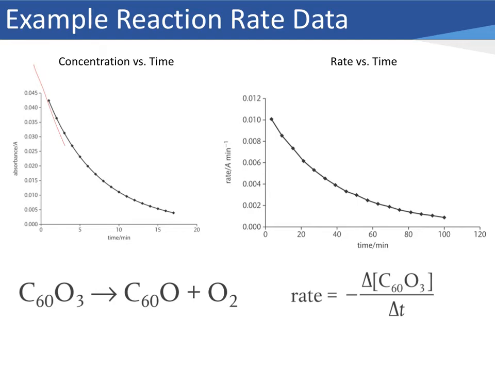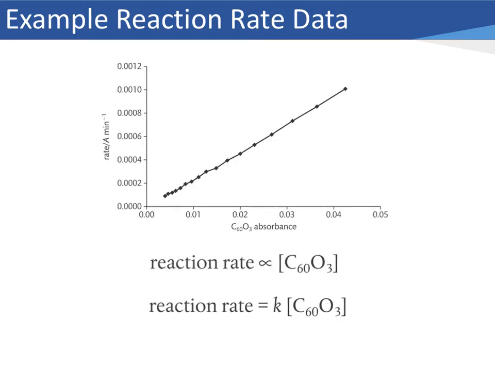Since concentration can be measured by absorbance for some molecules, I can determine the rate, and it's equal to the change in concentration of the C60O3 molecule divided by the amount of time. And this is negative because this is a reactant, and reactants will decrease, products will increase.